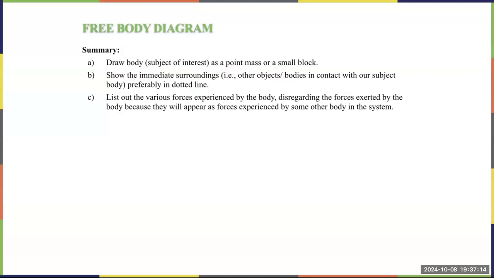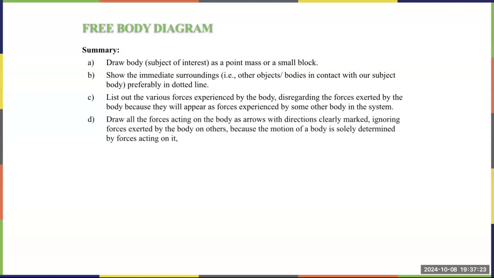Meaning if you have two bodies in the system, you will draw a free body diagram for the two bodies independently, for example two bodies colliding. And draw all the forces acting on a body as arrows with the direction clearly marked, ignoring the force exerted by the body on others, because the motion of a body is solely determined by the forces acting on it. What does that mean? In this condition, you are only drawing the forces acting on the body, not forces because of the body.